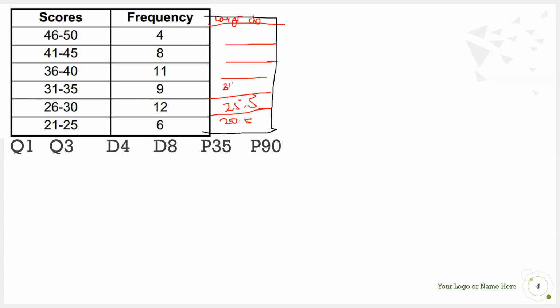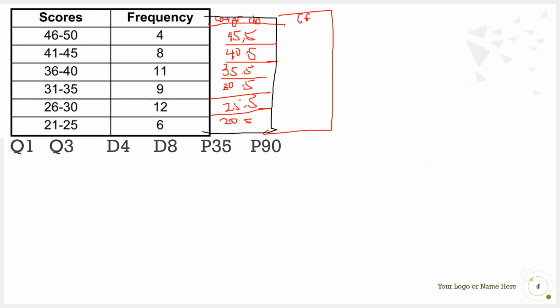Okay, 20.5. Then we have 35.5. 40.5. Then we have 45.5. Okay. Then the next thing is to cumulative frequency, cumulative CF.